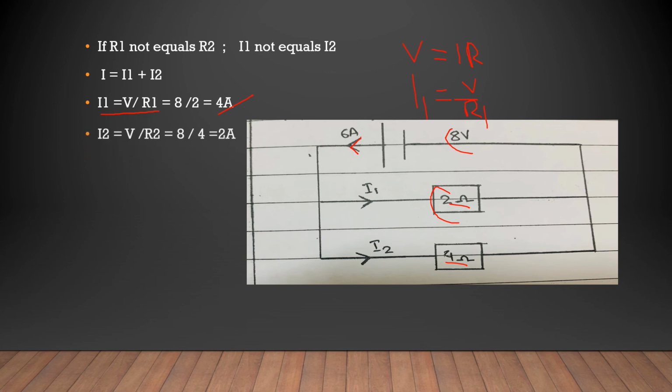The second, I2, is V divided by R2. V is 8 volt and R2 is 4 ohm, so the current is 2 ampere. The total current I is the sum of I1 and I2. So 4 plus 2, the total current is 6 ampere.